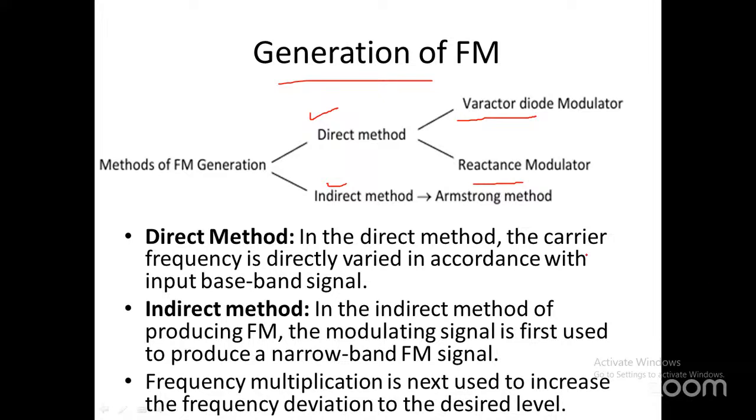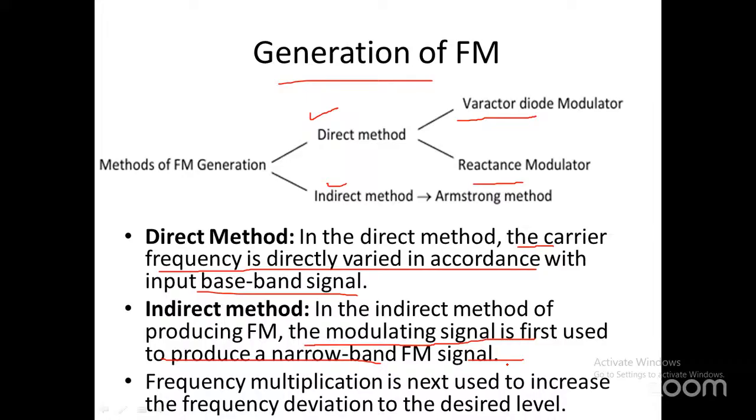In the direct method, the carrier frequency is directly varied according to the baseband signal. In the indirect method, the modulated signal is first used to produce narrowband FM and then it will produce wideband FM by passing through multiple frequency multipliers.